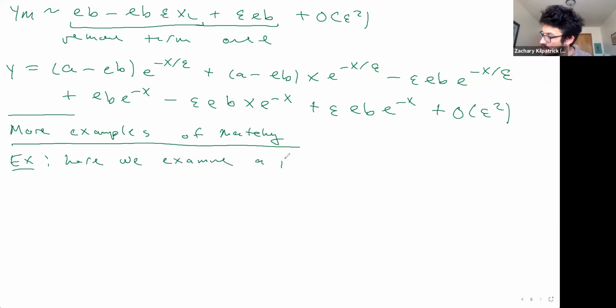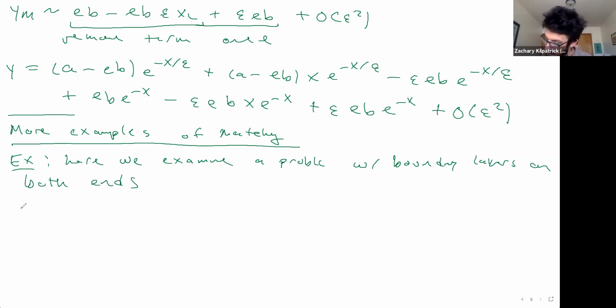So what's next? Let's examine a problem with boundary layers on both ends. For this problem, we're going to have a small parameter both in our highest order derivative as well as in our first derivative.